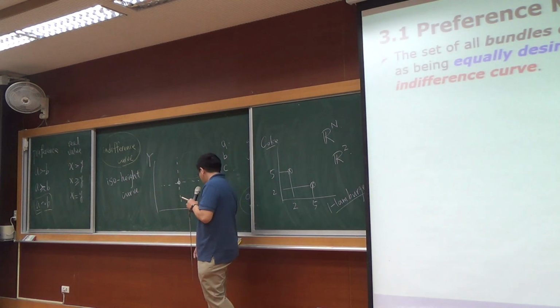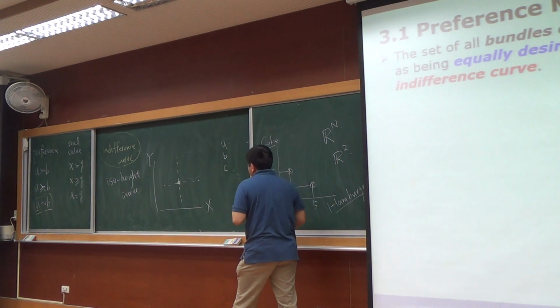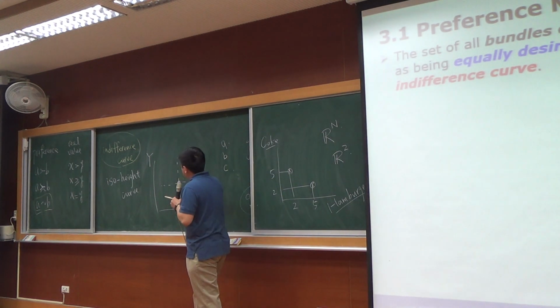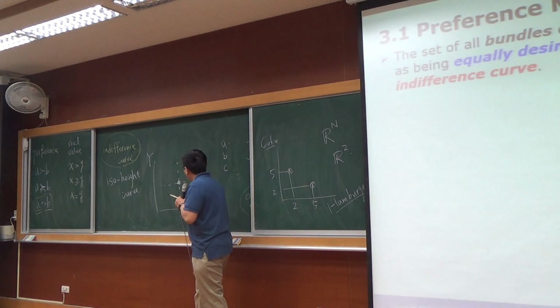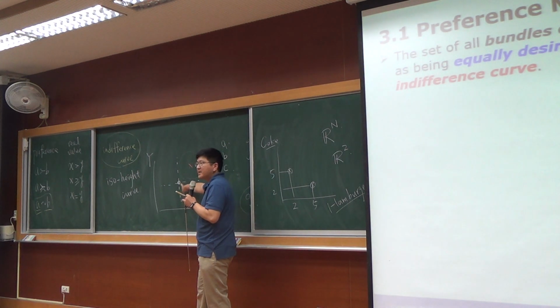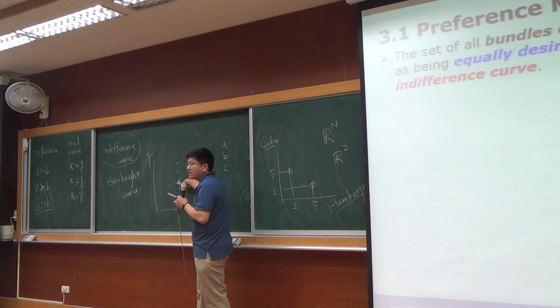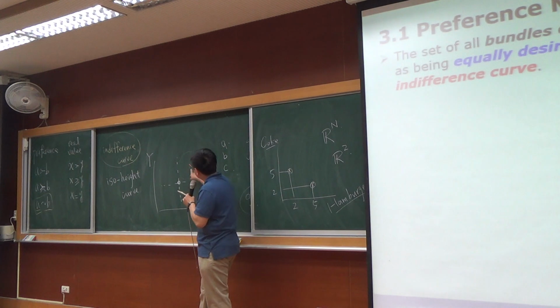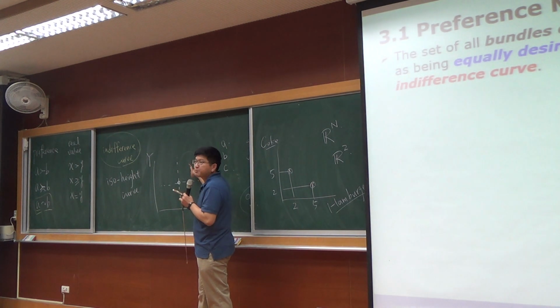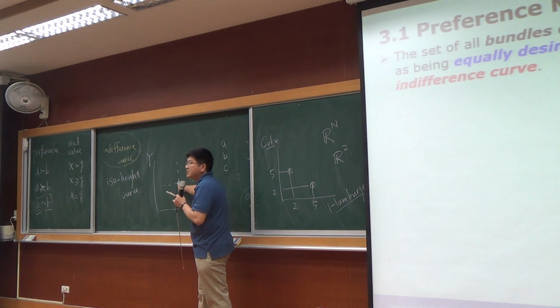More is better, good. Because any point in this region, we got more x than this point, right? And we got more y than this bundle. So this bundle must be strictly preferred to this bundle. Okay?